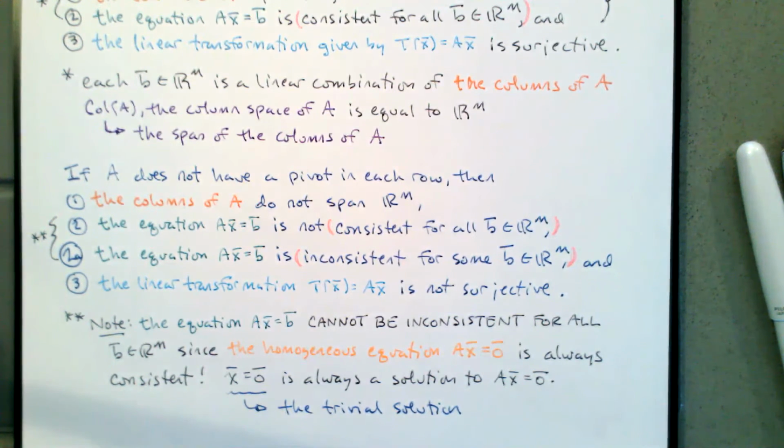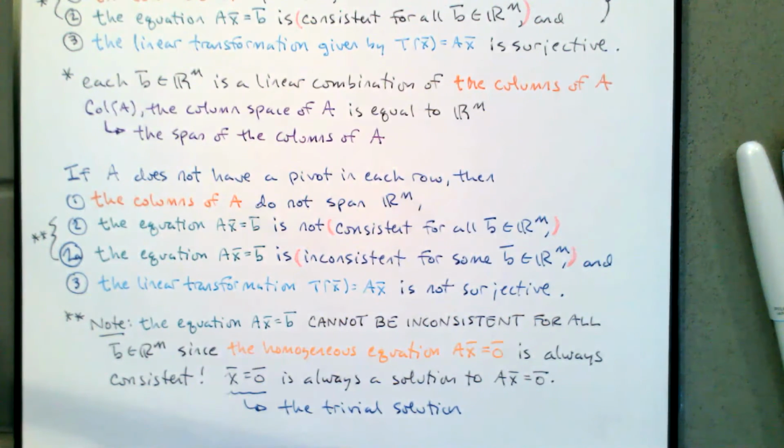Usually we'll be asked a question, do the columns of A span Rm? Then we need to find an observable thing, and that's going to be the pivots. The question could come up, is the linear transformation surjective? We need to base our conclusion on an observable thing, and that will be the pivots. We'll say the standard matrix of the transformation has a pivot in each row, therefore the transformation is surjective.